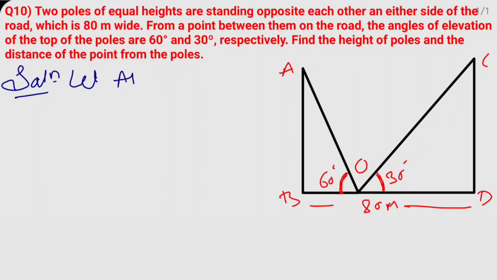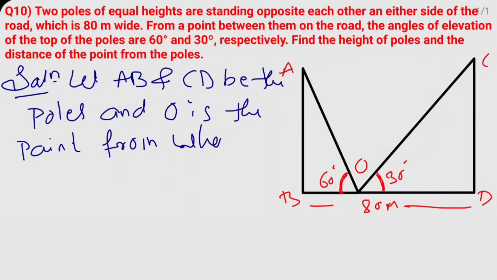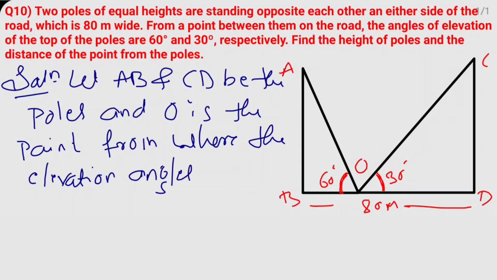Let AB and CD be the poles and O is the point from where the elevation angles are measured.